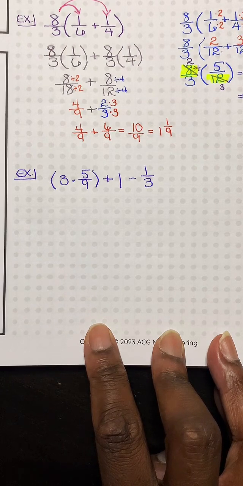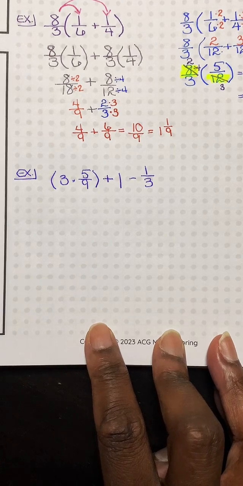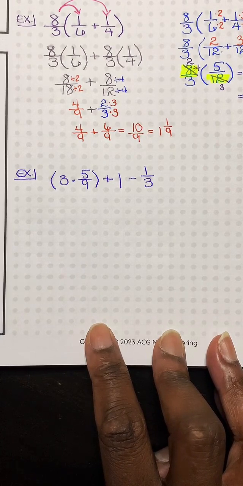Haven't done a fraction in years. That's all right, Ninja. That's all right. I'm going to walk you through it. That's okay.